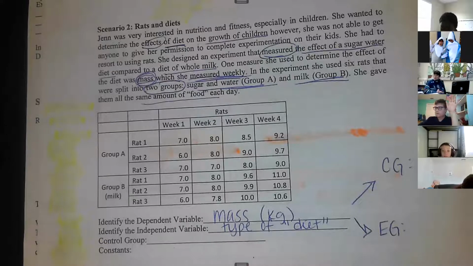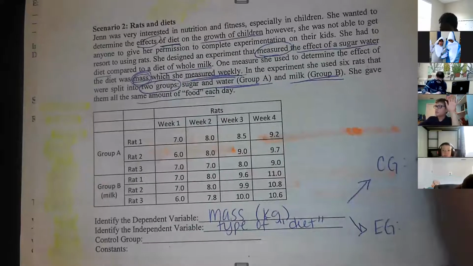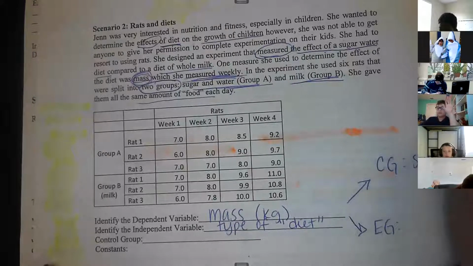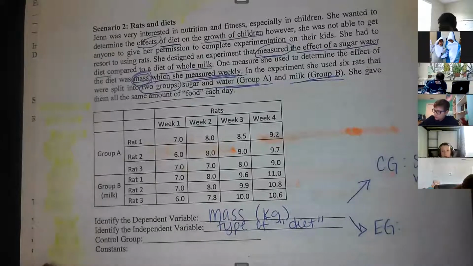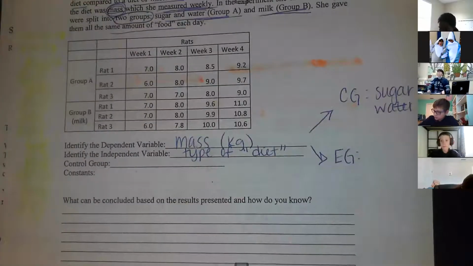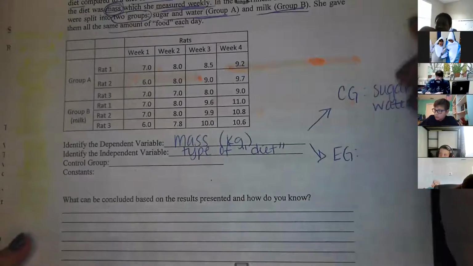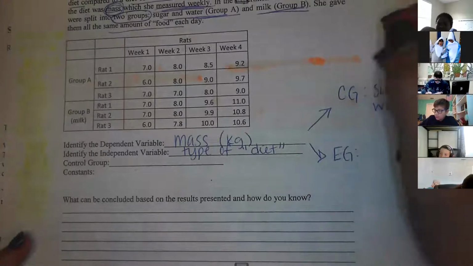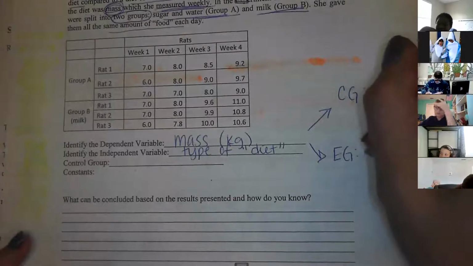Sugar water? Yeah, well, sugar is just what plants use for energy. They make glucose. The experimental group would be the milk.